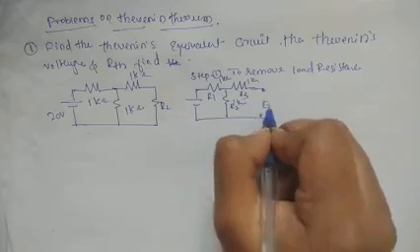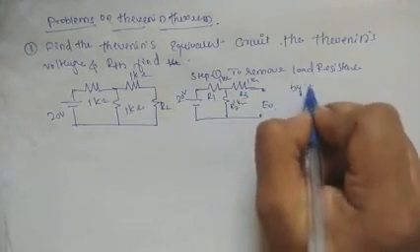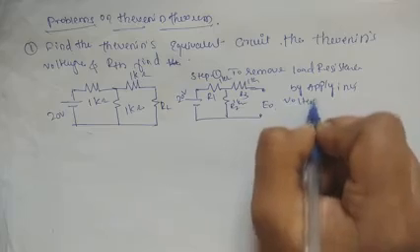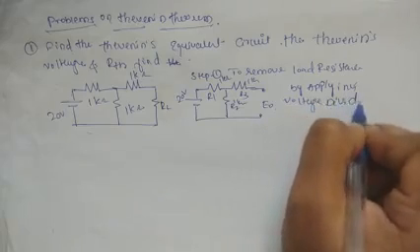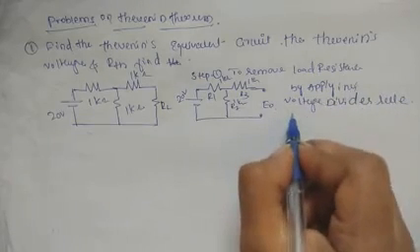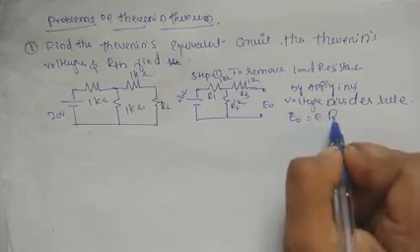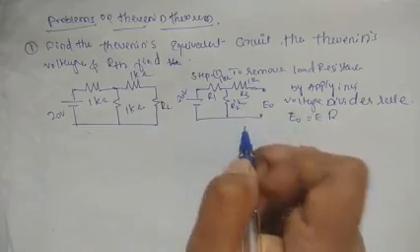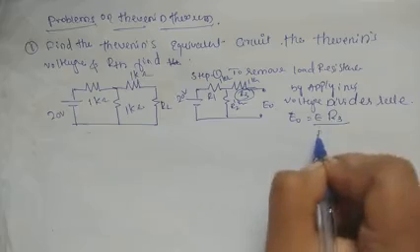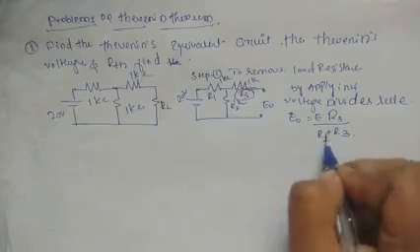Now we have to find the E0 value. E is 20 volt. By applying the voltage divider rule, E0 equals E divided by, now we have to find about this resistor, R3 divided by R1 plus R2, sorry, R1 plus R3.